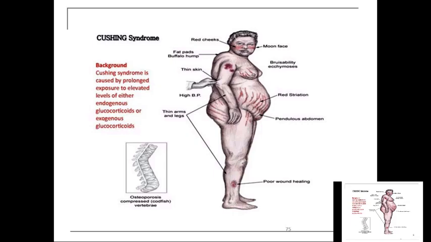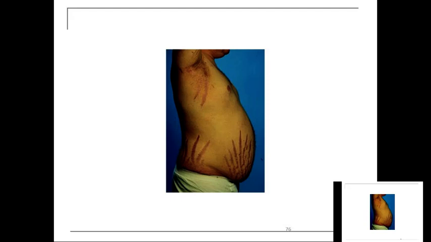So Cushing's syndrome is really a response to prolonged exposure to elevated levels of cortisol, either endogenous, meaning your body is producing its own cortisol, or exogenous, from excessive cortisol or prednisone type of medication. That's what it looks like.